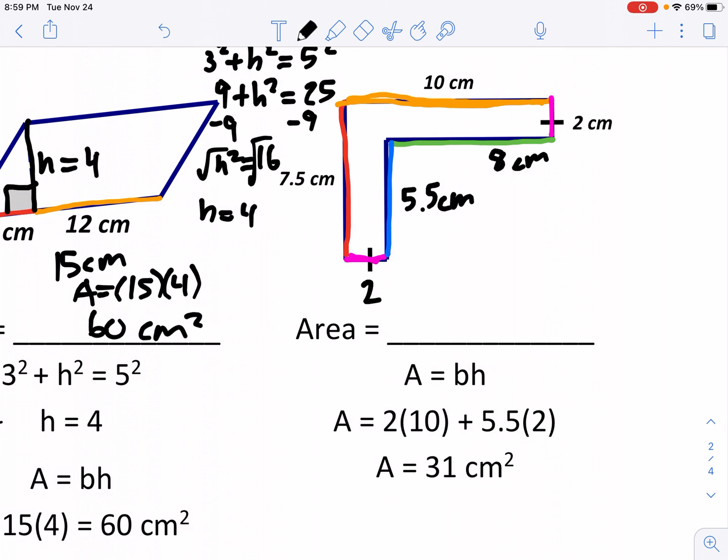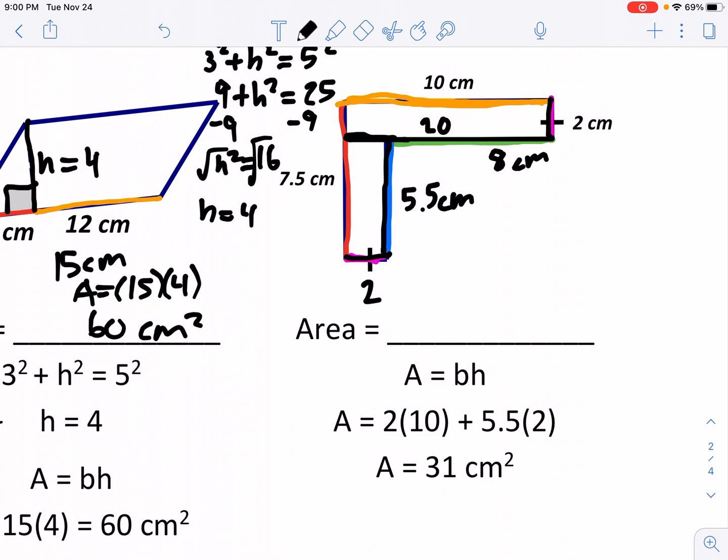Well, the way I want to break it down, I'm going to break it apart here, and I'm going to form 2 rectangles, okay? So my top rectangle, my base all the way across is 10, and my height is 2. Well, base times height, 10 times 2 is 20. So the area of this guy is 20 centimeters squared. Now my other guy, notice, I cut it off right here. So my height is 5.5, and my base is 2.